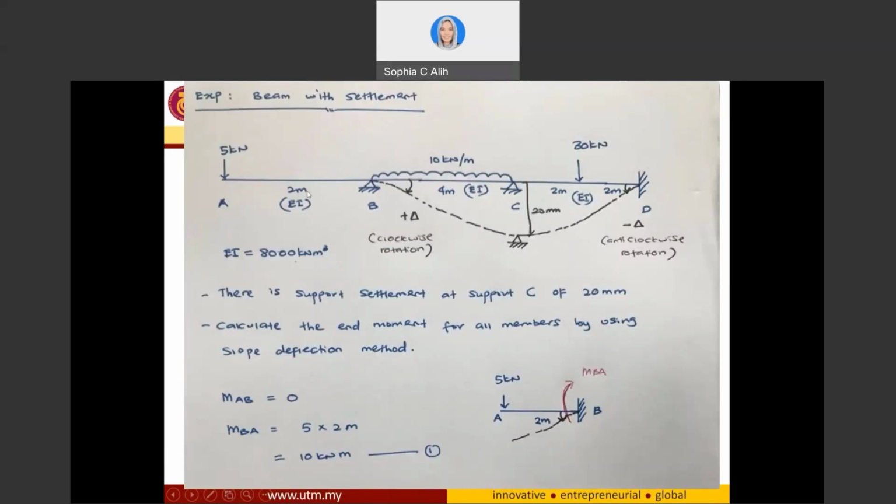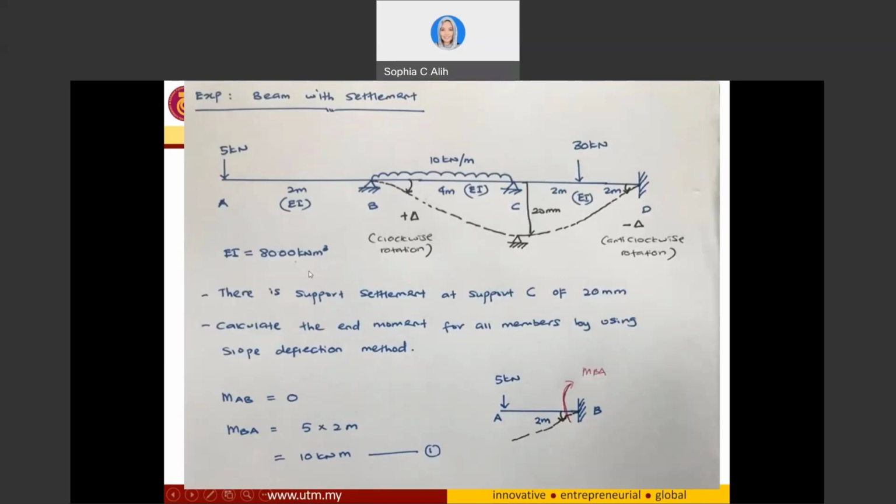So if you can see here, it's the same beam. You have a continuous beam with a cantilever at A, supported with pin at B, supported with pin at C, and supported fixed end at D. And the loading condition is also the same: 5 kilonewton point load at the end of the cantilever, 10 kilonewton meter, uniform distributed load 30 kilonewton at the midspan of CD, and the spans are 2 meter, 4 meter, and 4 meter, with EI.